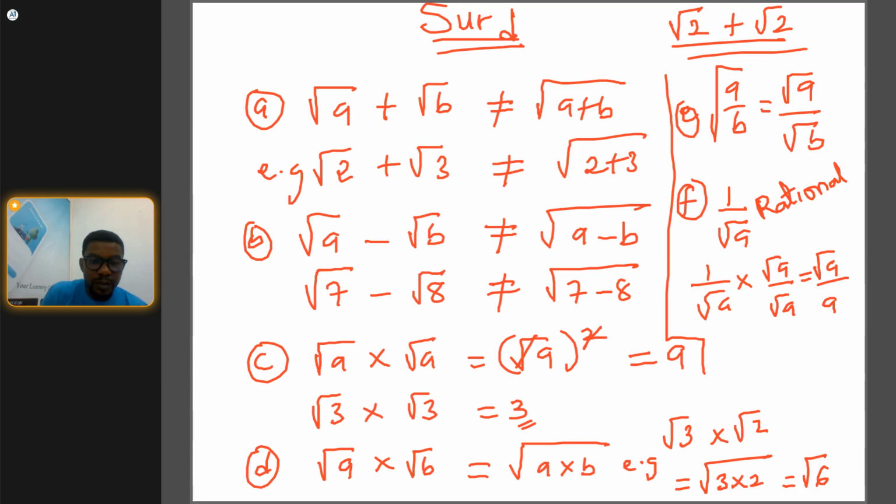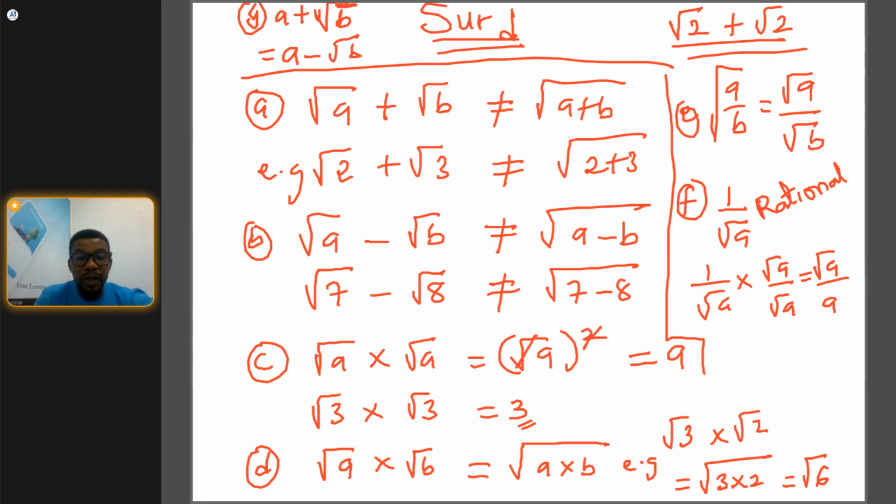That will be G. If I have A plus root B, the conjugate for this expression is going to be that we change the sign in between both of them, and you're going to have A minus root B. So the conjugate of A plus root B is A minus root B.